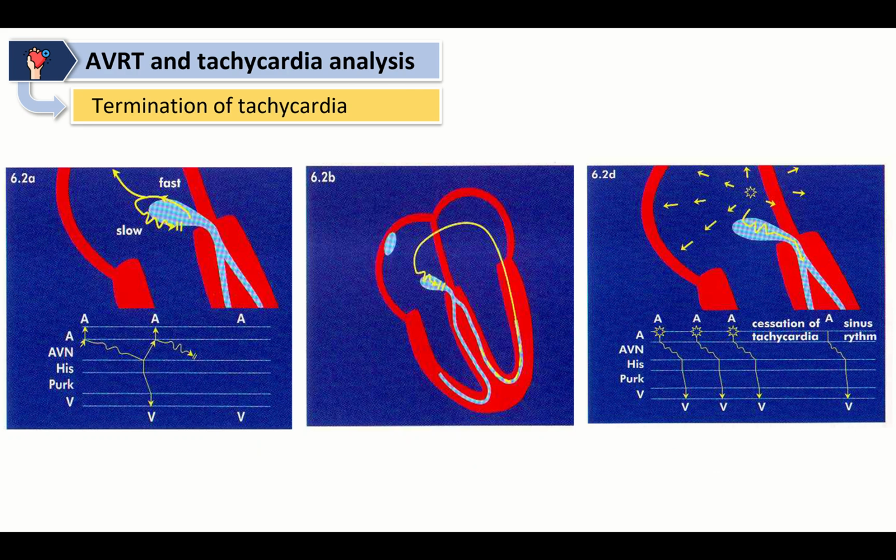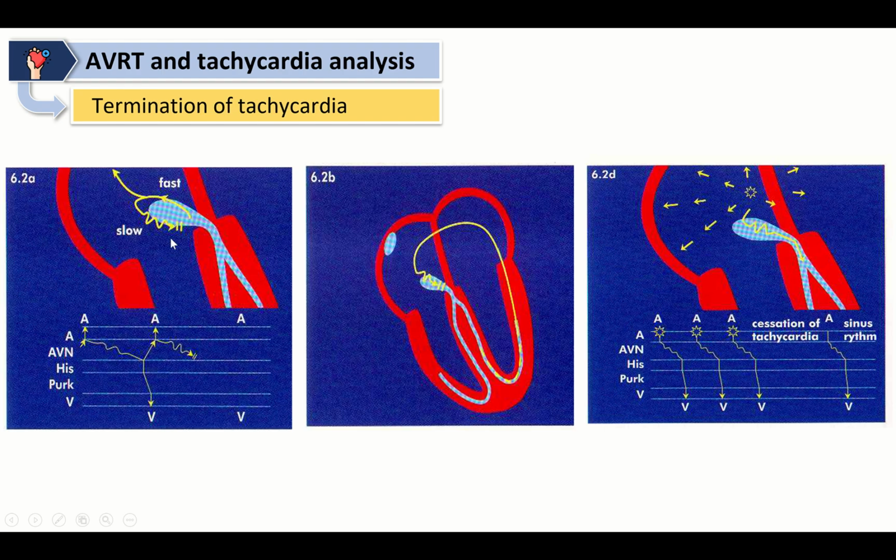Next point to assess AVRT: how does it terminate? The general rule, any type of SVT can terminate with V, no doubt about this. But what about A? Let's see. AVNRT is AV nodal dependent, and if the patient has a block in the slow pathway, the AVNRT may terminate with an A that is not able to conduct to the ventricle because of AV nodal block.